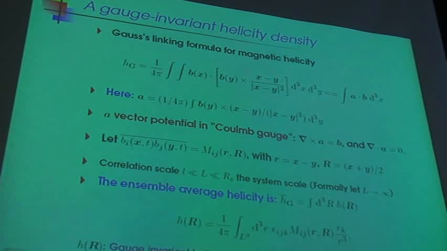So really, the idea came from trying to go back to what helicity actually is. I've been writing helicity as A dot B, and then getting into all these problems about the gauge dependence of this whole definition. But if you go back to the primordial definition of helicity associated with links and twists of the field lines, you go back to Gauss's linking formula for curves.